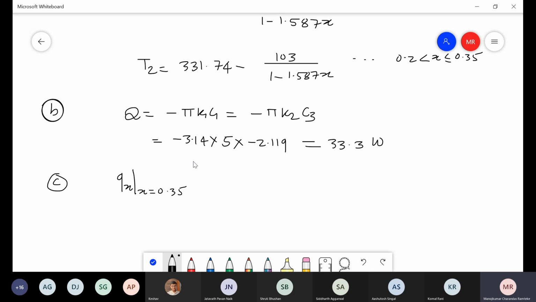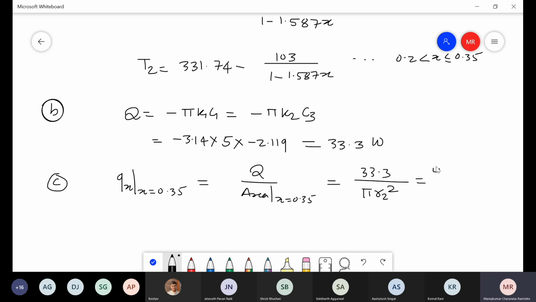Correct. So what will be Qx at x equals to 0.35? This is going to be Q divided by area at x. Q we already know, 33.3. Area at x on the left hand side, that is going to be pi r2 square, isn't it?